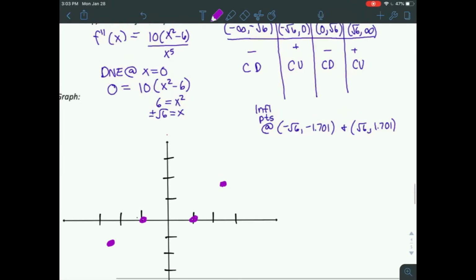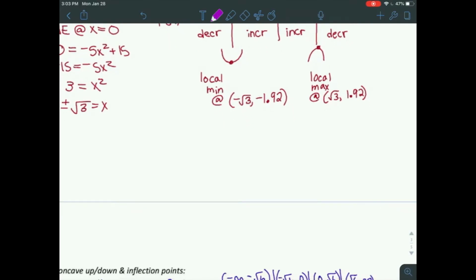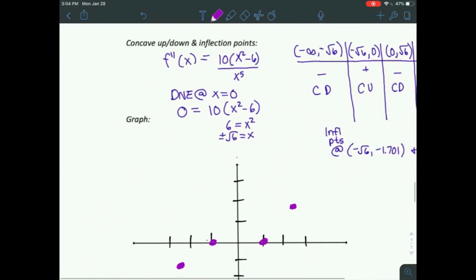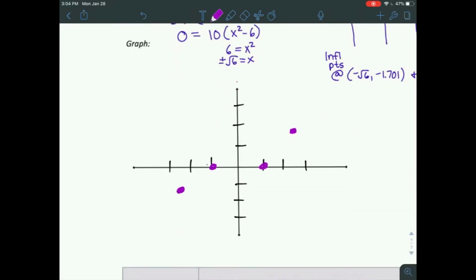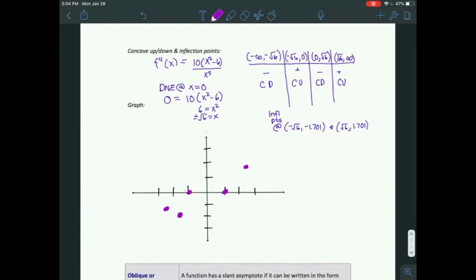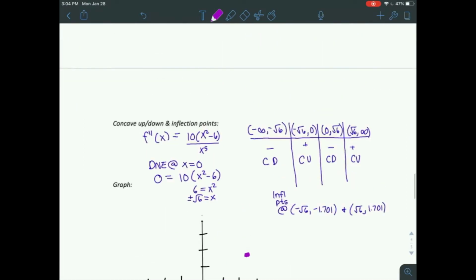Okay. Maximum and minimum values, negative square root 3 and negative 2 approximately. So negative 1.7, negative 2. Sorry, it's not going to be a perfect graph.